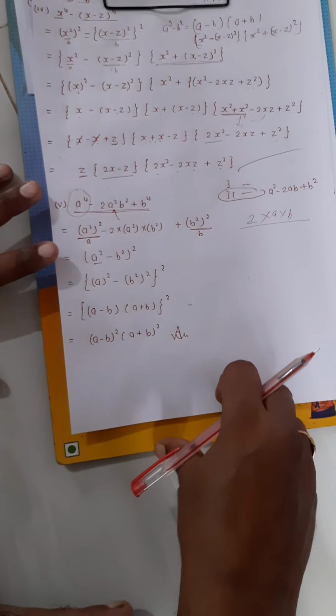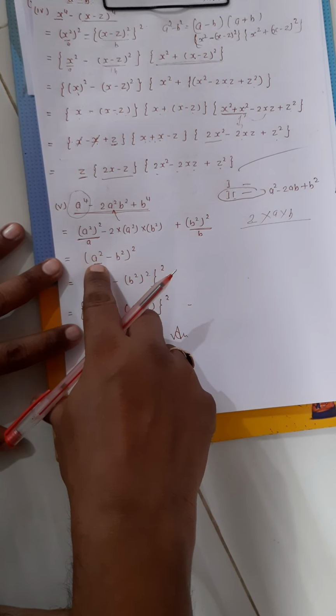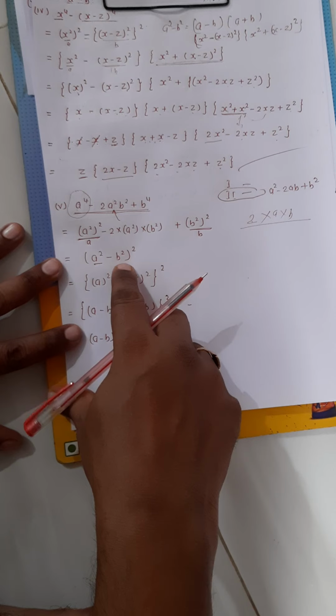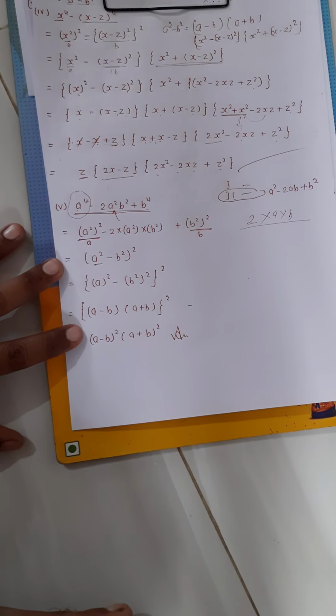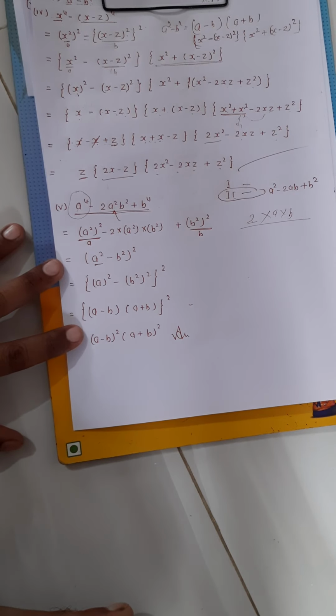Now again we see that it is the whole square of a, it is the whole square of b, so again we can expand it using identity number third, the formula of identity number third.